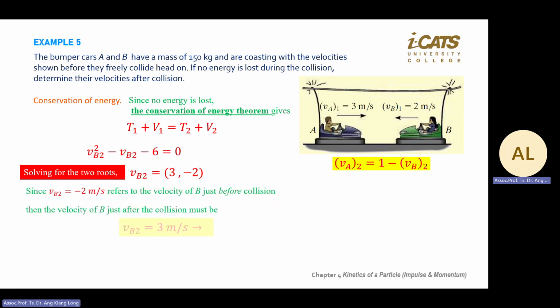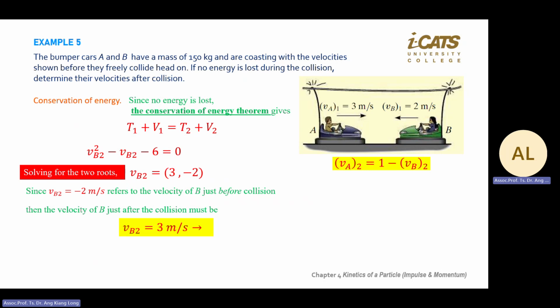So we choose 3 meters per second, the positive value, and you move to the right after it meets A. So this is VB2 square minus VB2 minus 6 equals 0.